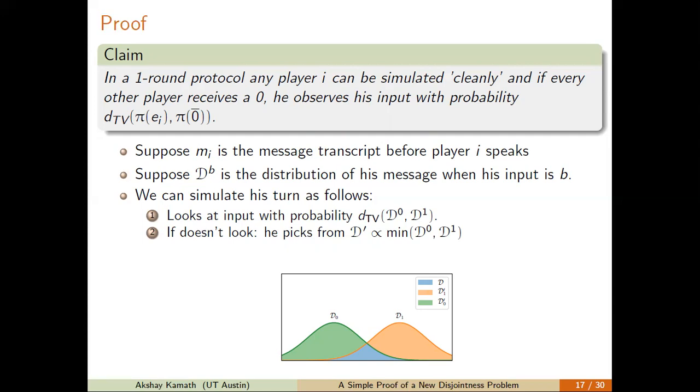the blue portion. And if he does look at his input, and without loss of generality, suppose that input is 0, he picks from the difference D0 minus D1. So he picks from the green portion of this distribution, normalized to have probability mass one.